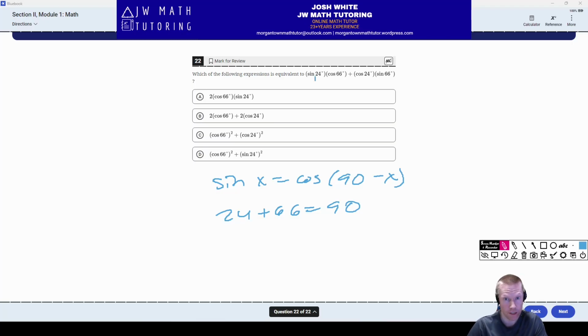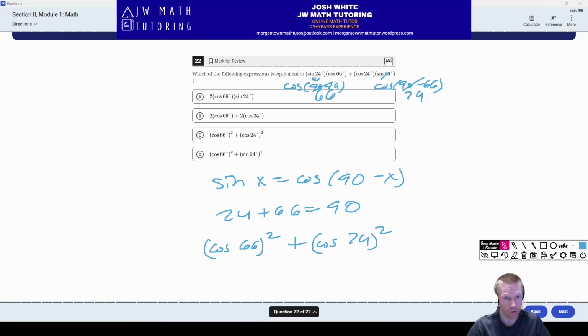Therefore, you can replace this with the cosine of 90 minus 24, which is just the cosine of 66. And when you look at the second expression, you can replace this with, again, the cosine of 90 minus 66, which is just 24. So you end up getting cosine of 66 squared, because you have two of them multiplied, and then plus the cosine of 24 squared. So the correct answer for this one is going to be letter D.